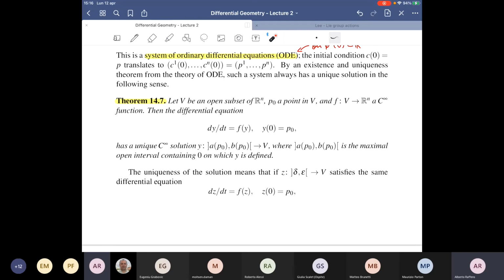So at the end of the day, you will get a maximal solution, meaning that its interval of definition cannot be extended further.